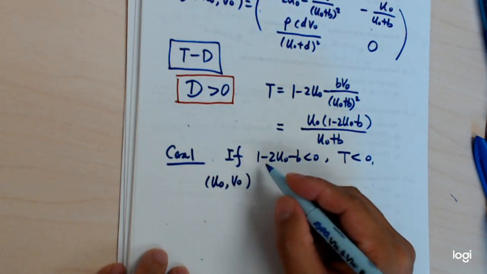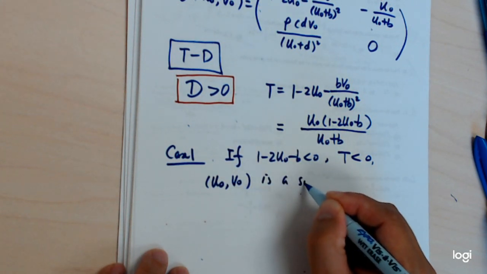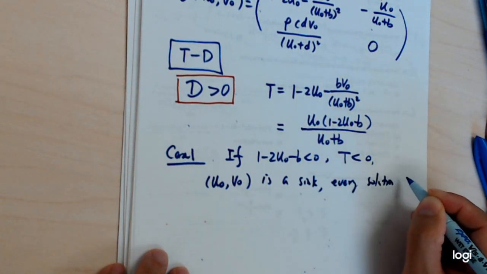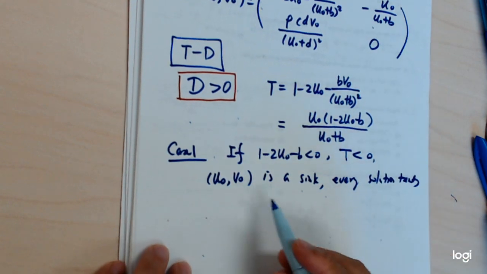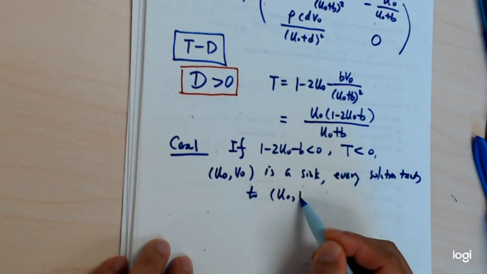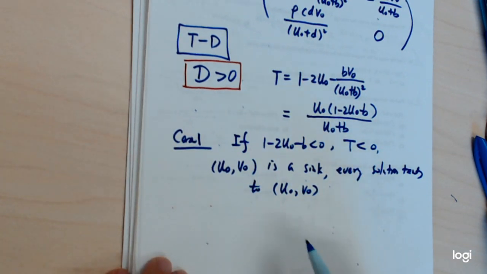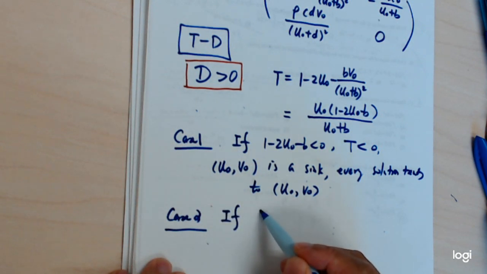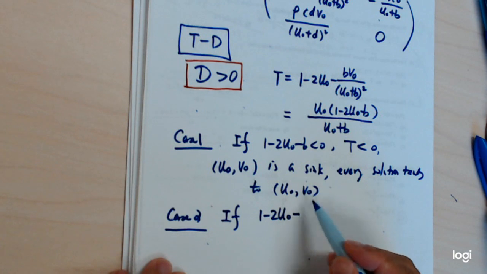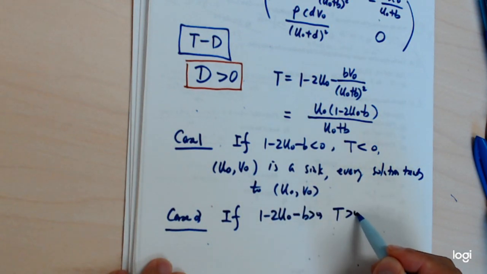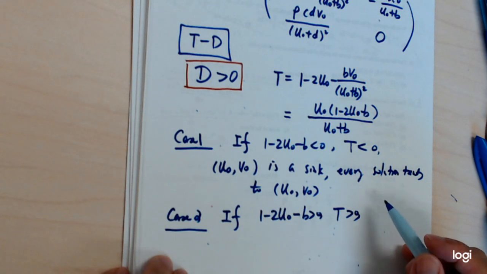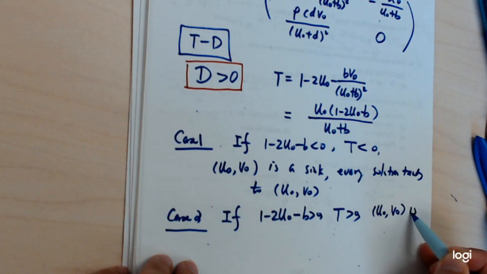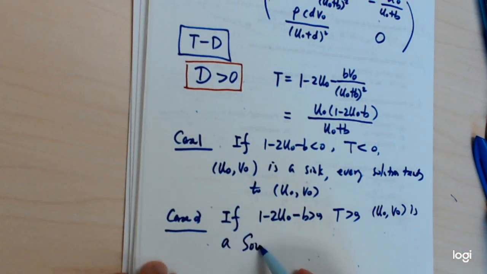Then this positive equilibrium is a sink. Every solution nearby tends to u naught phi naught. Case number 2. T is positive. So in this case here, u naught phi naught is a source.